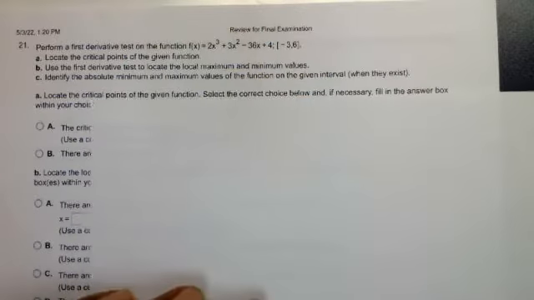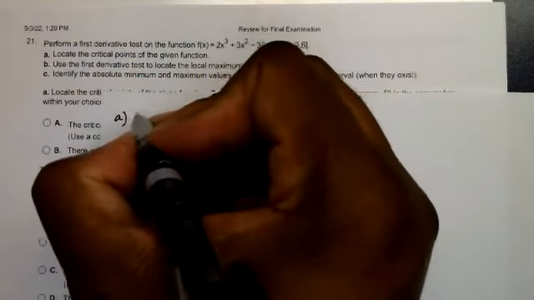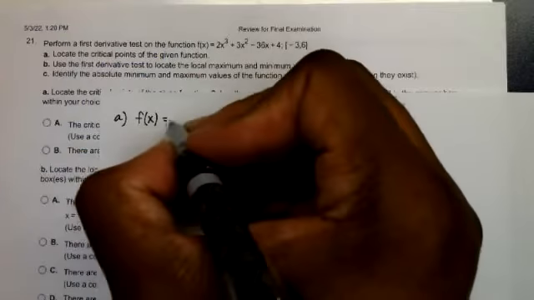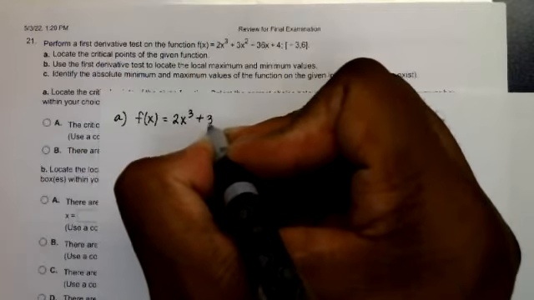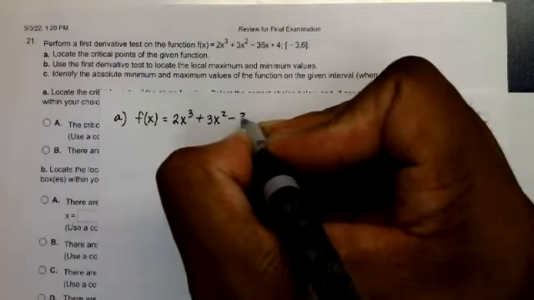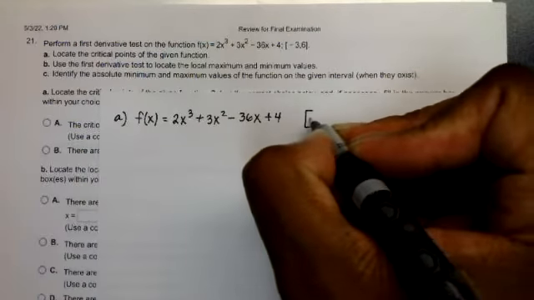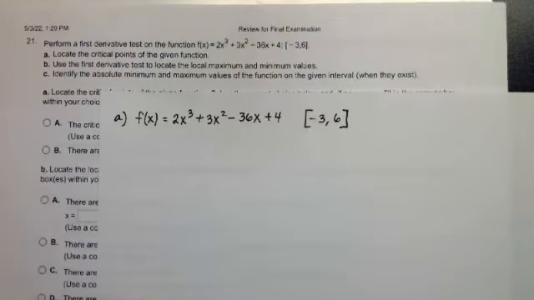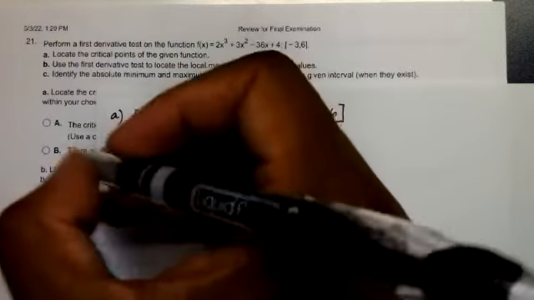All right, so let's start. Here's our function f of x is equal to 2x cubed plus 3x squared minus 36x plus 4, and this is our closed interval, -3 to 6. We can see that it is continuous on that closed interval. Let's take the derivative.